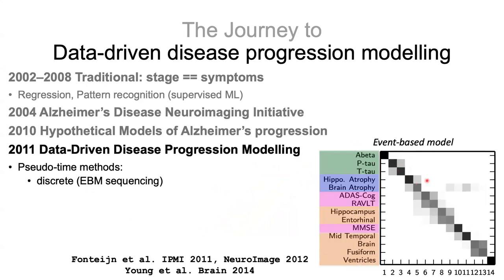So there's no notion of quantifying time here. It's just a ranking of a sequence with some uncertainty shown in the grayscale off-diagonal elements, indicating that these events may happen simultaneously or interchangeably. That was invented by Hubert Fontaine and Danny Alexander, and generalized from familial disease to sporadic by Alex Young and others a couple of years later.